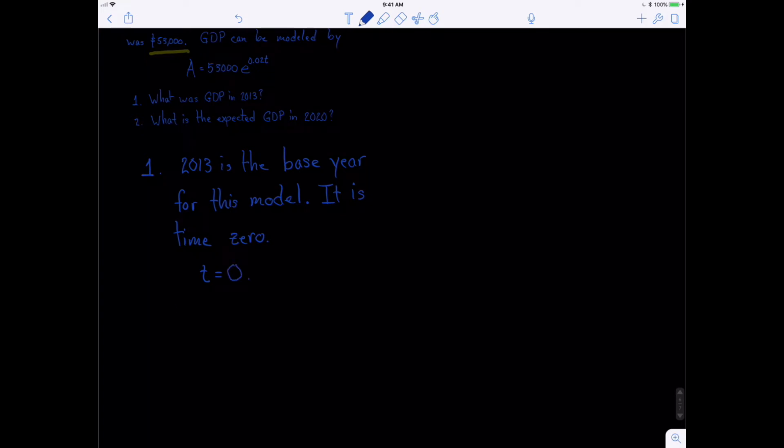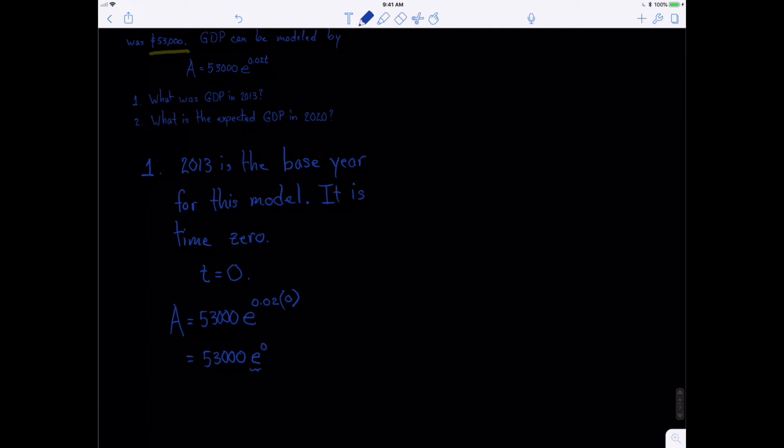Well, let's try that. So if I take A equals 53,000 times e to the 0.02 times t being 0, well, notice this is 53,000 times e to the 0 times 0.02, that's just 0.